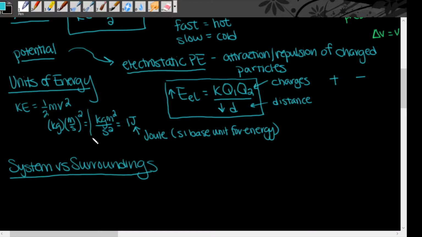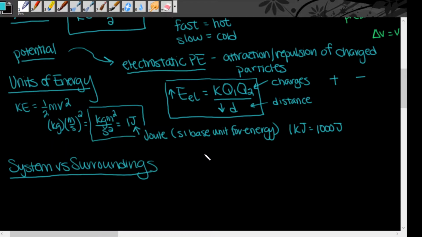So perhaps we could put that in a little equation box. There you go. And of course, we're going to be using kilojoules a lot as well, right? So 1 kilojoule is equal to 1,000 joules. Don't forget your unit prefix conversions. Now, how does this come into play with a calorie, right?